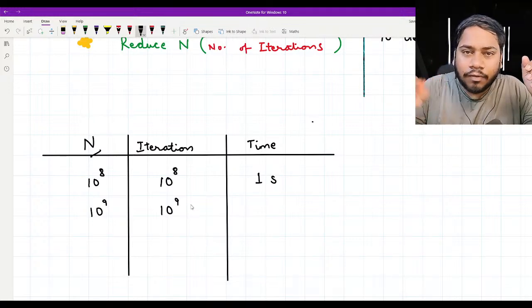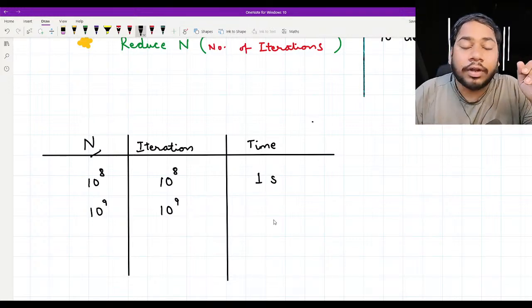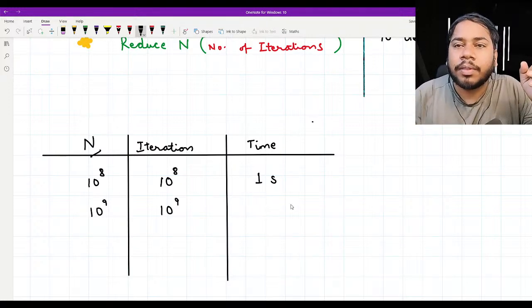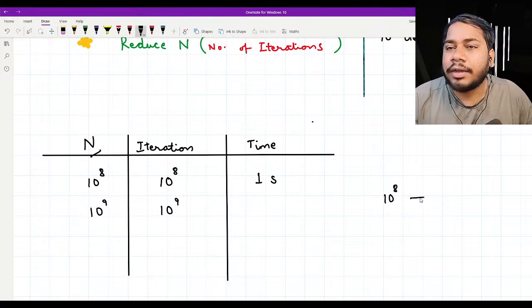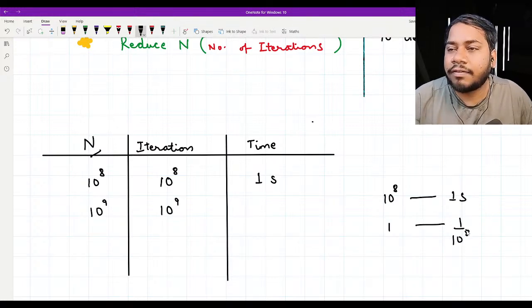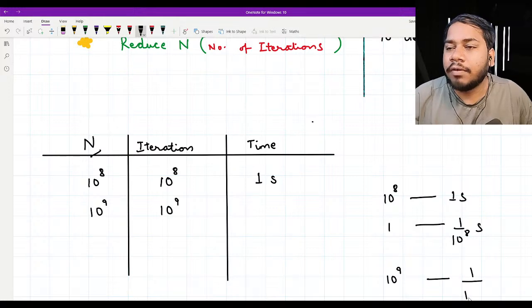By the unitary method, for 10 to the power 8 iterations it takes 1 second, so for one iteration it will take 1 by 10 to the power 8 seconds. For 10 to the power 9 iterations, it will take 1 by 10 to the power 8 into 10 to the power 9, that means 10 seconds.